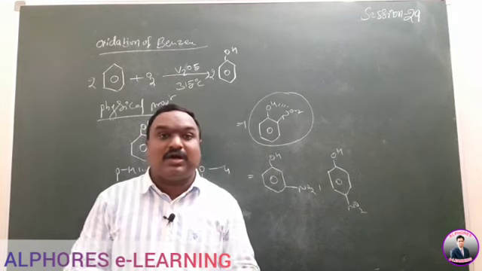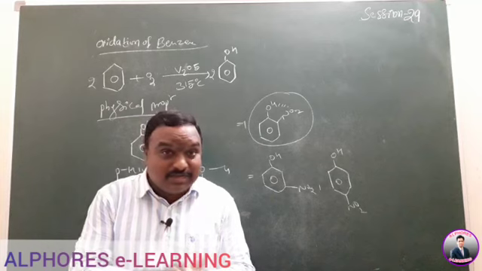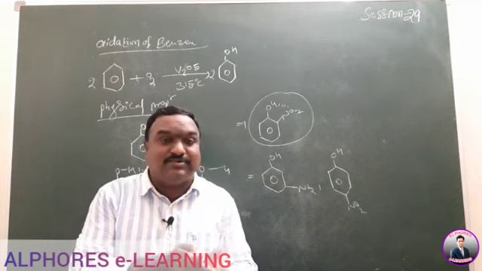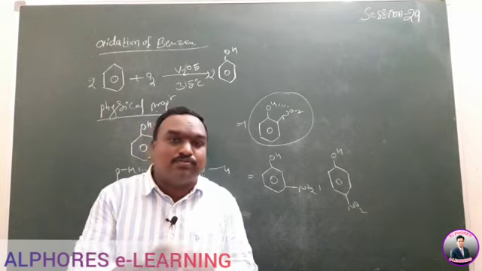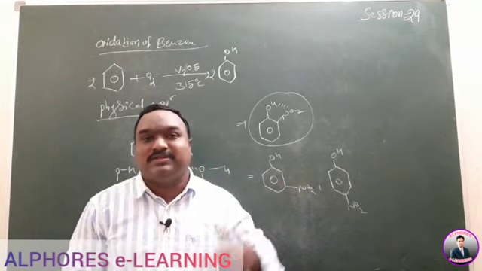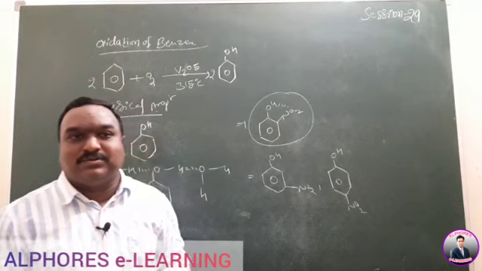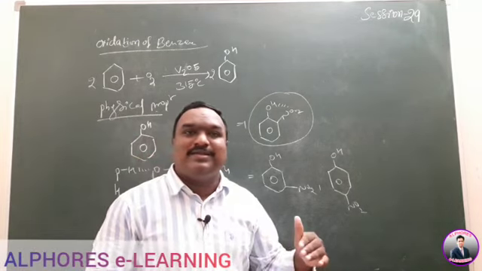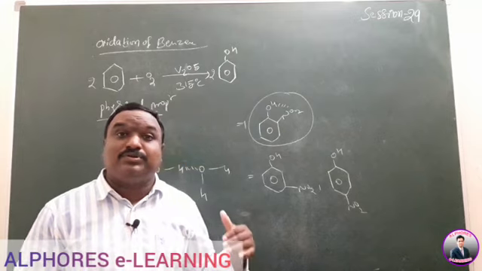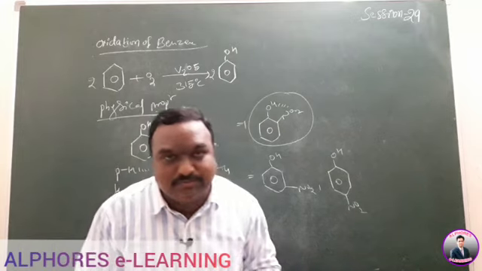Wherever substituted phenols are given, based on the intra and intermolecular hydrogen bonding nature, we can explain that concept. Not only this, intramolecular hydrogen bonding compounds have lower melting and boiling points when compared to intermolecular hydrogen bonding compounds.